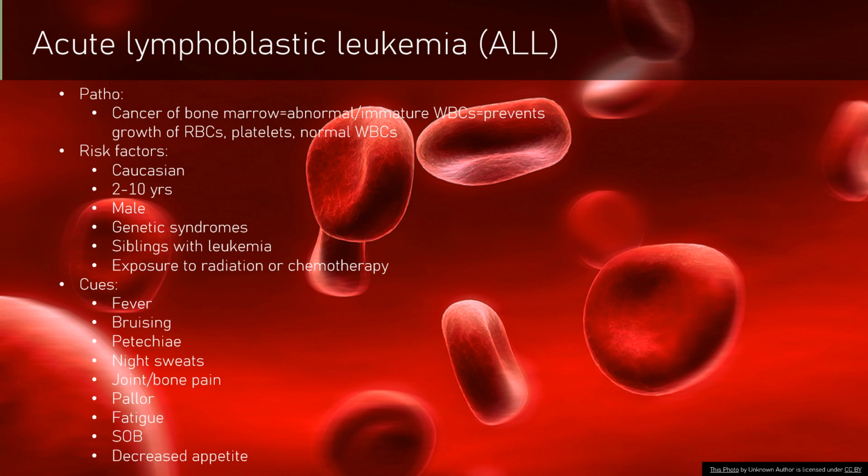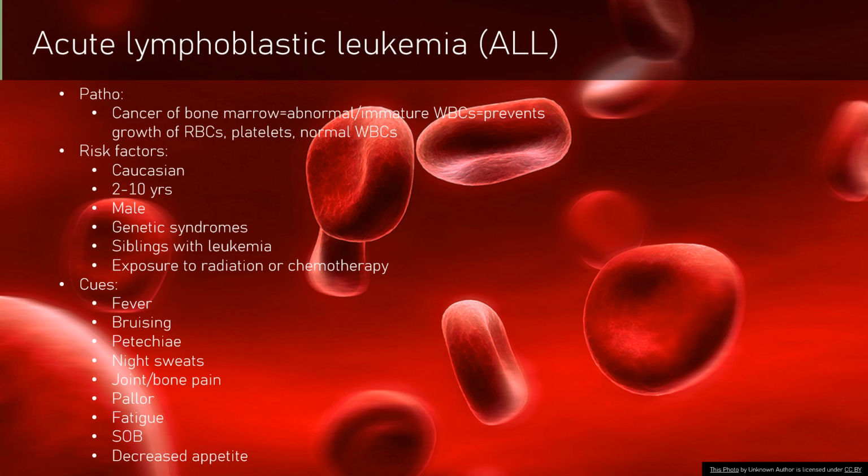The risk factors are being Caucasian, 2 to 10 years old, male, having genetic syndromes, having siblings with leukemia, and having been exposed to radiation or chemotherapy in some other form or treating some other disease. The cues are the kid starts having unexplained fevers, bruising, petechia, night sweats.